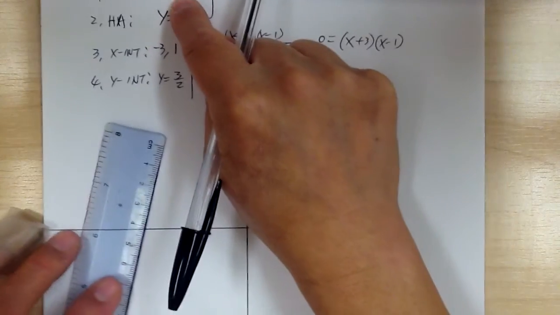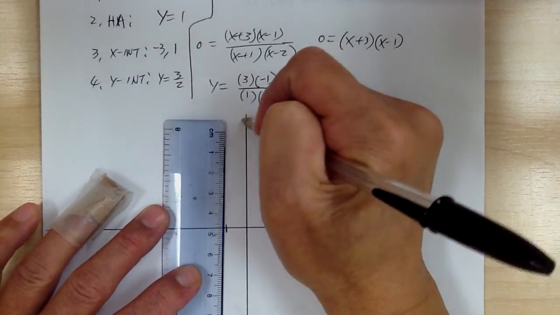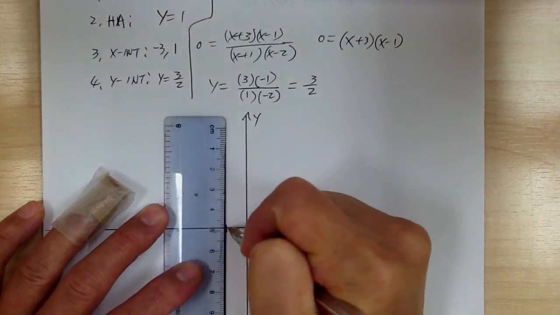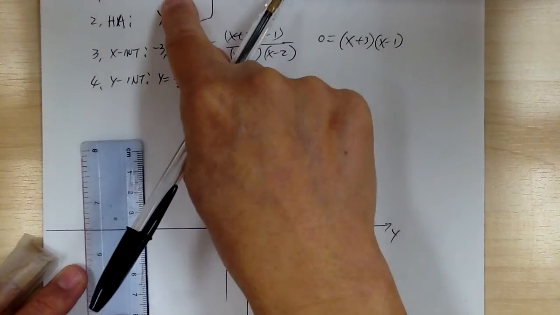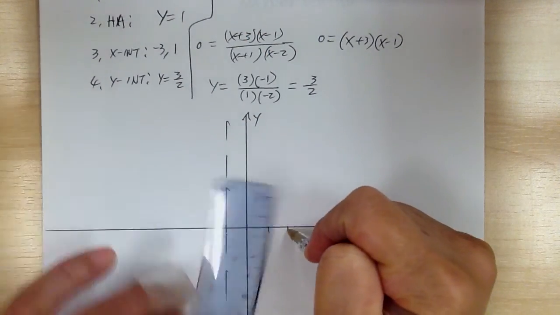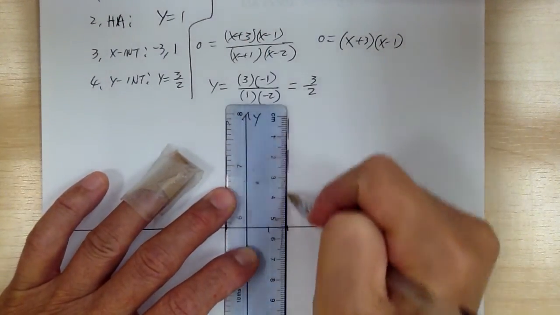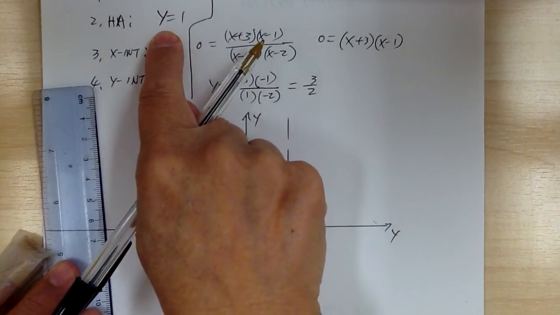So vertical asymptote, x equal to -1. This is the y, this is the x. And the next one is 2. So you sketch 2. That's your vertical asymptotes. And the horizontal asymptote is y equal to 1.